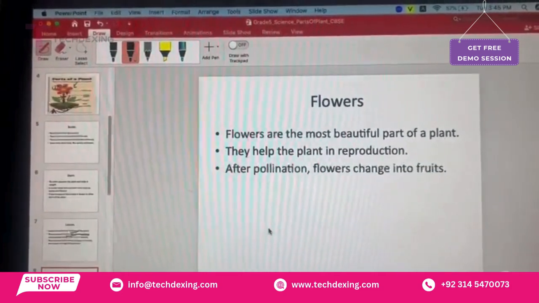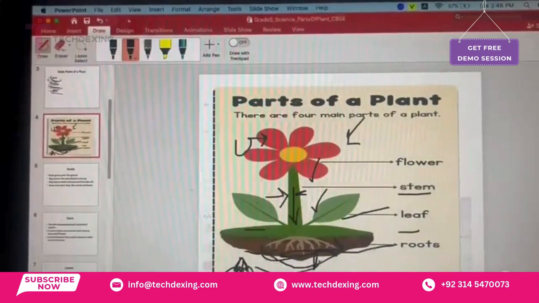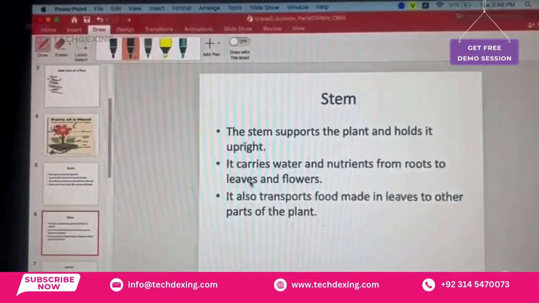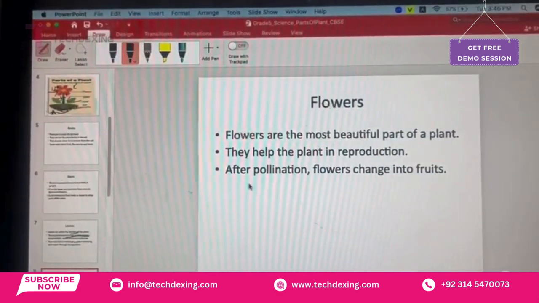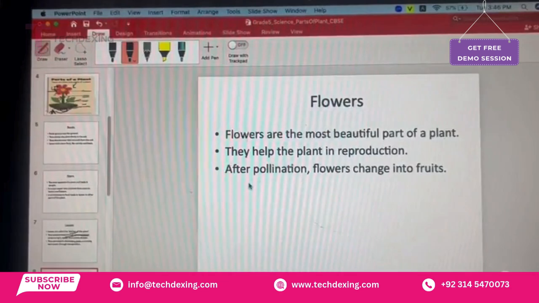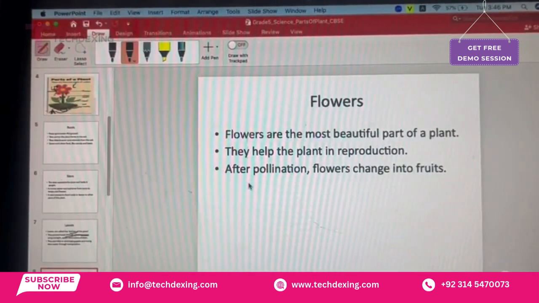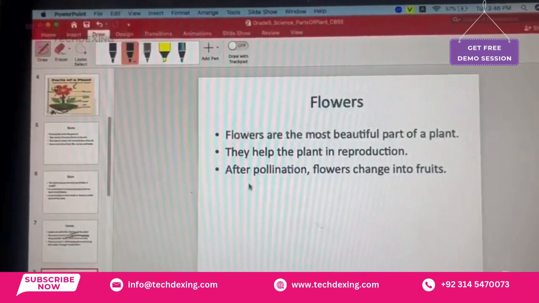The next one we have is the flowers, the colorful part. This flower, the pink one. Flowers are the most beautiful parts of the plant. Do you like flowers? Great, I also like flowers. They help the plant in reproduction.